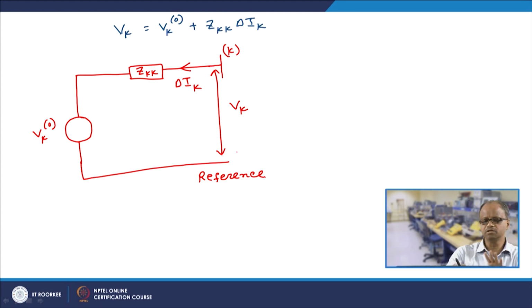So, this is the equivalent circuit of the entire power grid as perceived from bus k and ground.